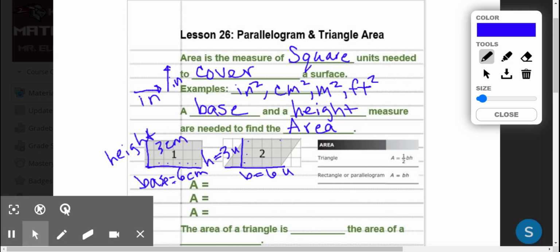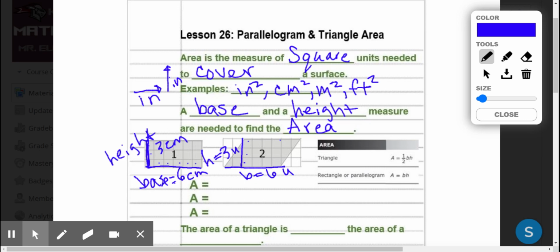So on the left side, we're going to count the units, and so we count the height. So we count the actual blocks, 1, 2, 3. So let's say for example these are centimeters. The height would be 3 centimeters, and the base would be 6. So if you counted all these little blocks, 3 times 6 would give you an area of 18.